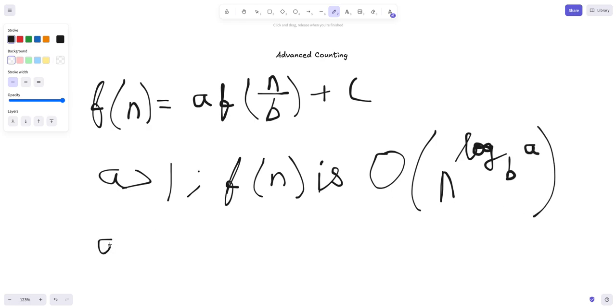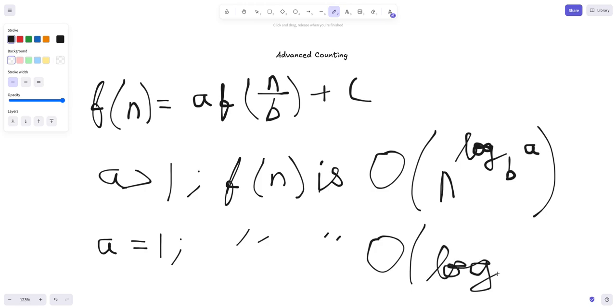And when a is equal to 1, then f of n is O of log n. So these are the two helpful theorems that you need to remember.